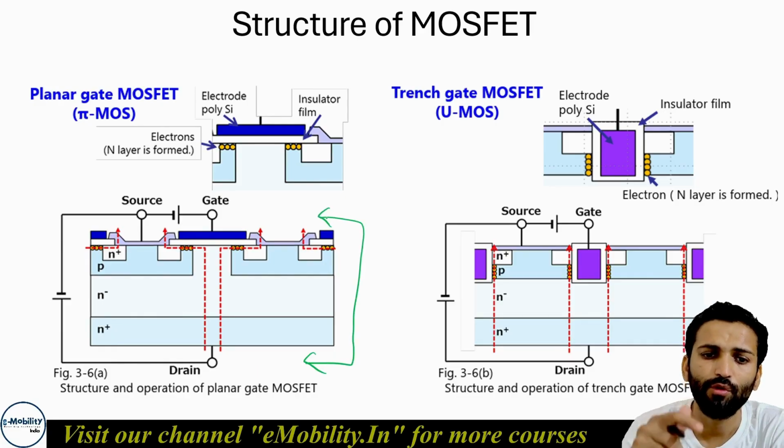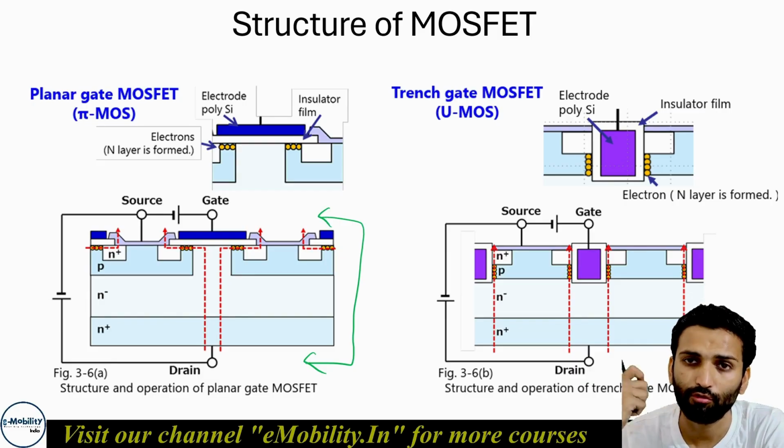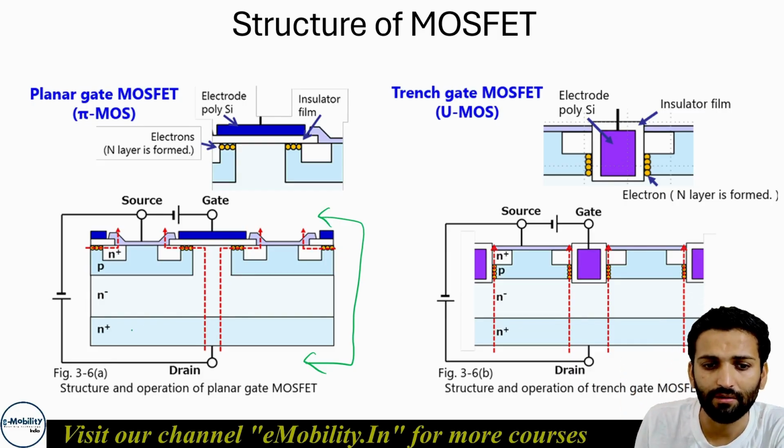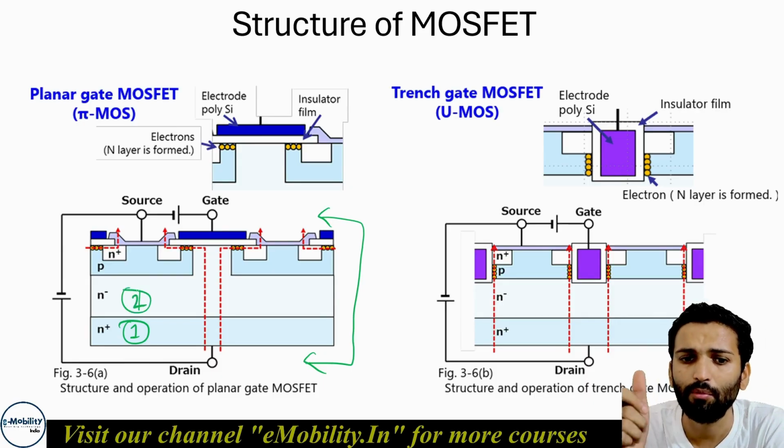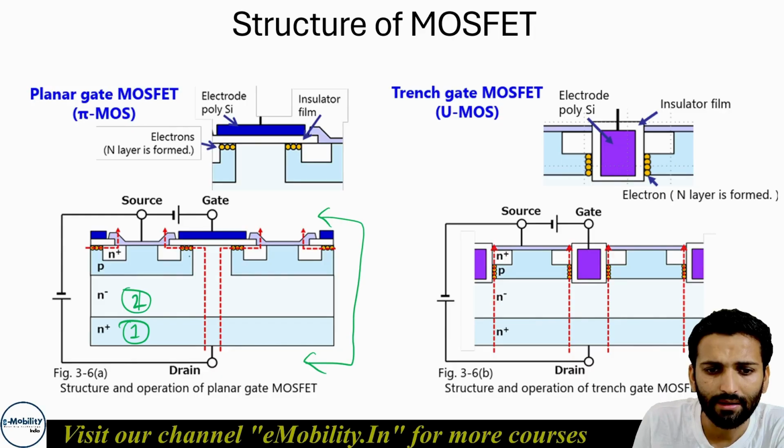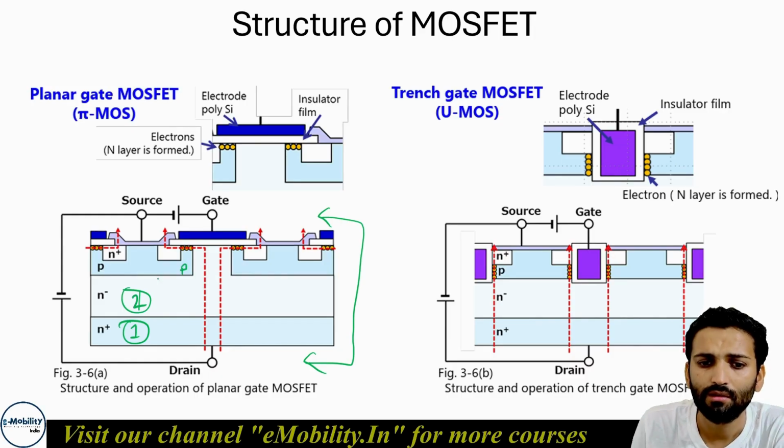These types of MOSFET are known as planar gate MOSFETs. What happens here is we have 2 N layers: N plus means the doping is very high here, and N minus means the doping is slightly lower here. Then there is a P substrate, or this is a third channel, and then there is a fourth N channel. So this is the 1, 2, 3, 4 channel.